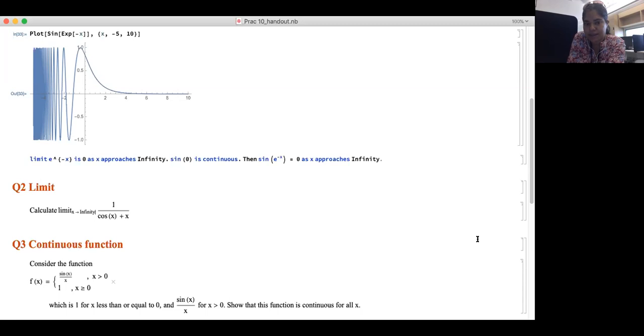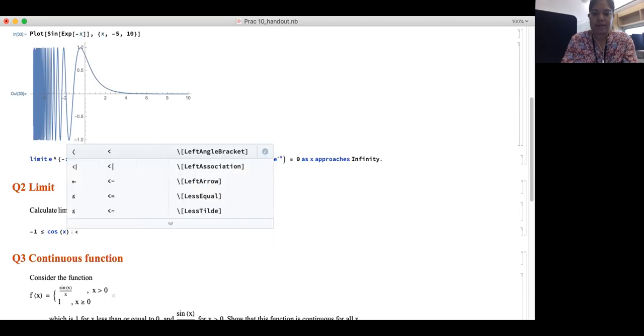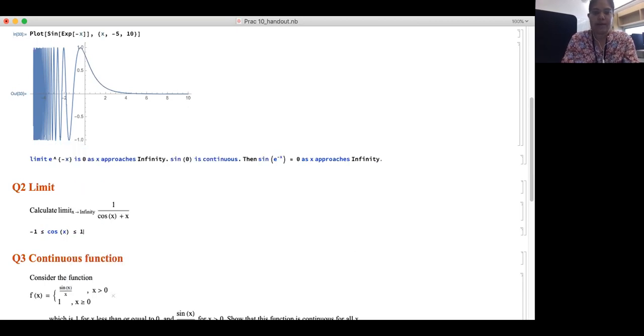Then, so suddenly jumping from this step to 1 over x.